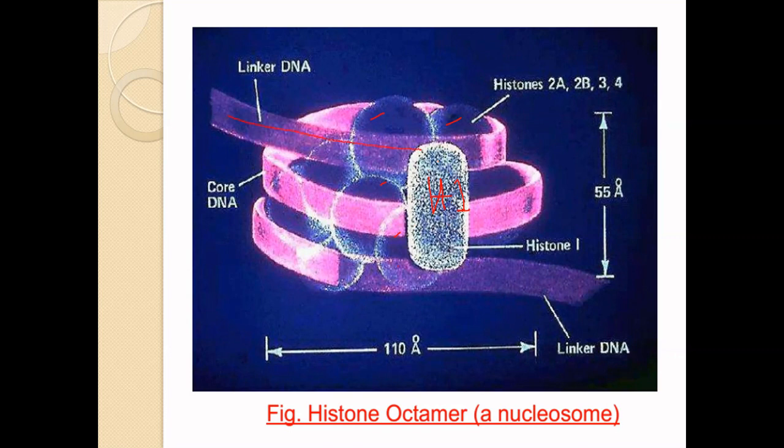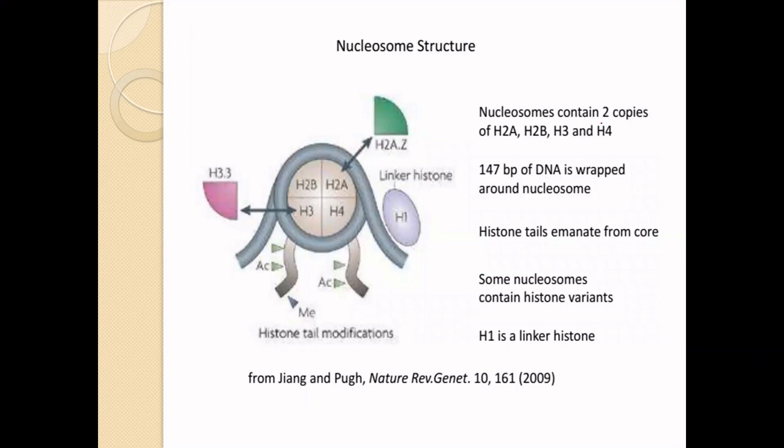And this is the DNA, which is wrapped around the histone octamer. Overall, it is a 55 Angstrom structure in height and 110 Angstrom in length, so roughly a 10 to 11 nanometer structure. This nucleosome structure includes two copies each of H2A, H2B, H3, and H4. That is why it is called a histone octamer.